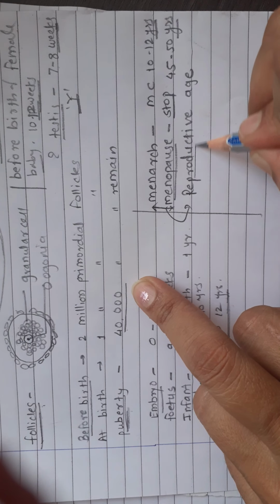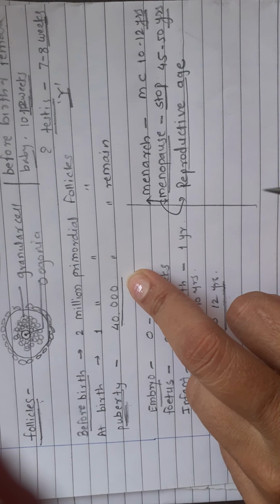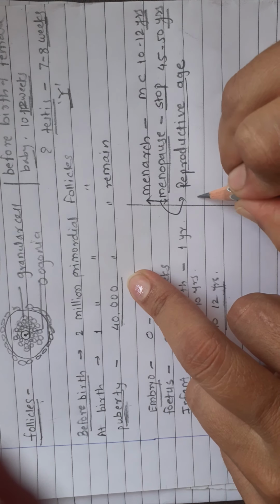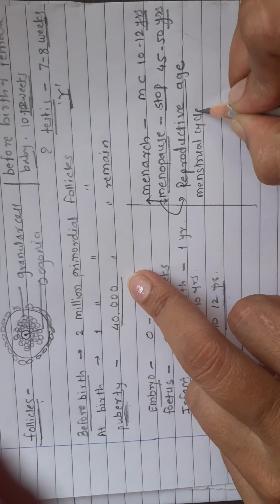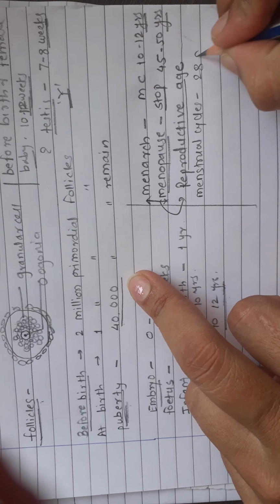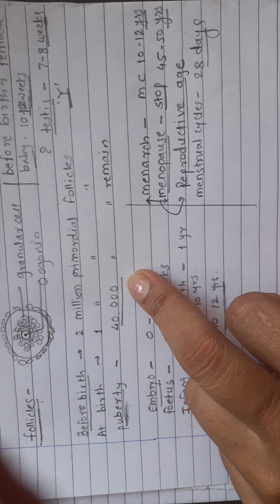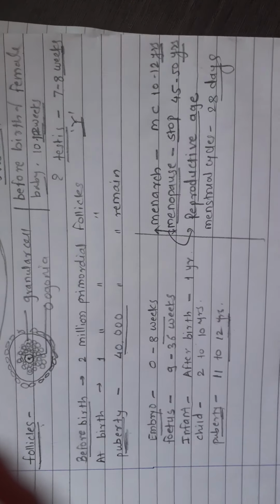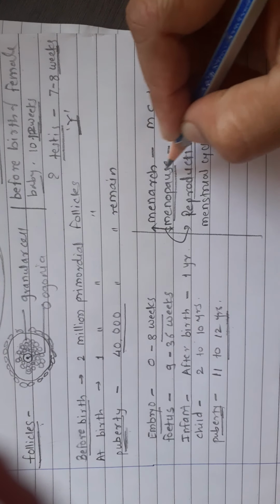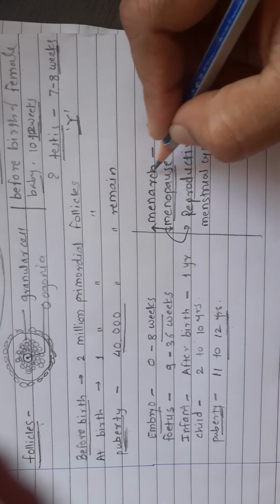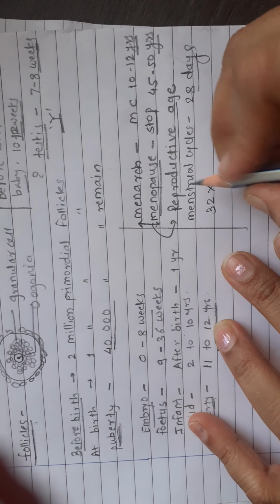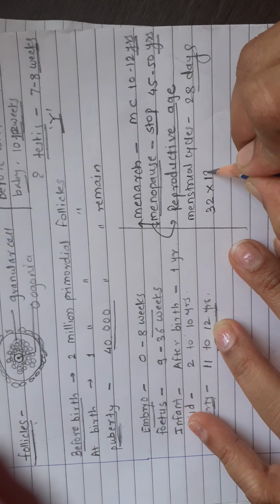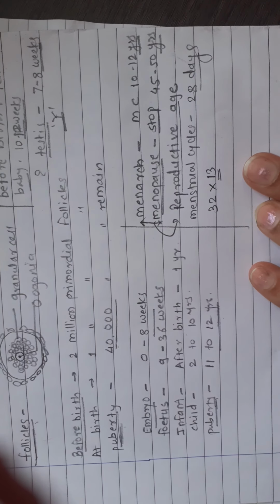In the reproductive age, if the menstrual cycle is considered as 28 days in a normal healthy female, then the total reproductive age is near about 32 years, with 13 menstrual cycles in 1 year.